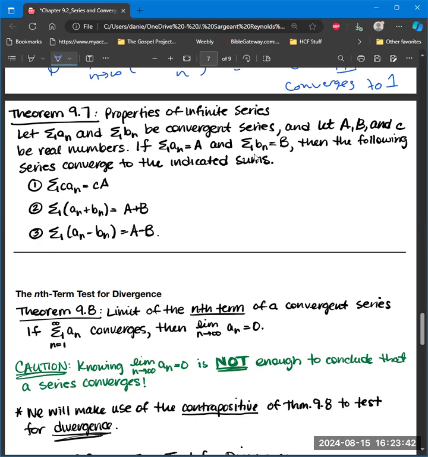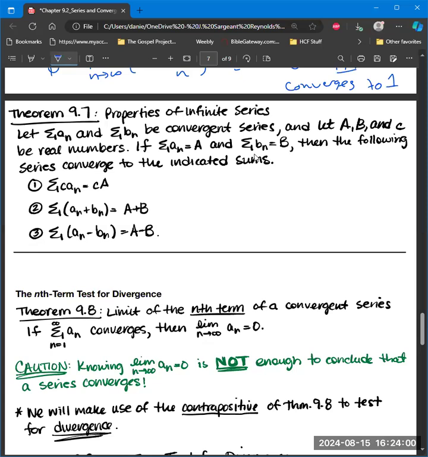The series c times a sub n is equal to c times A. The series a sub n plus b sub n is equal to A plus B. And the series a sub n minus b sub n is equal to A minus B.